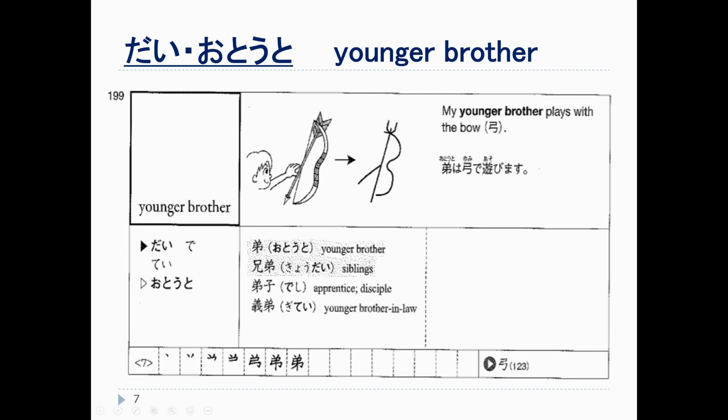Our next kanji is ototo. This is also the dai in kyodai.